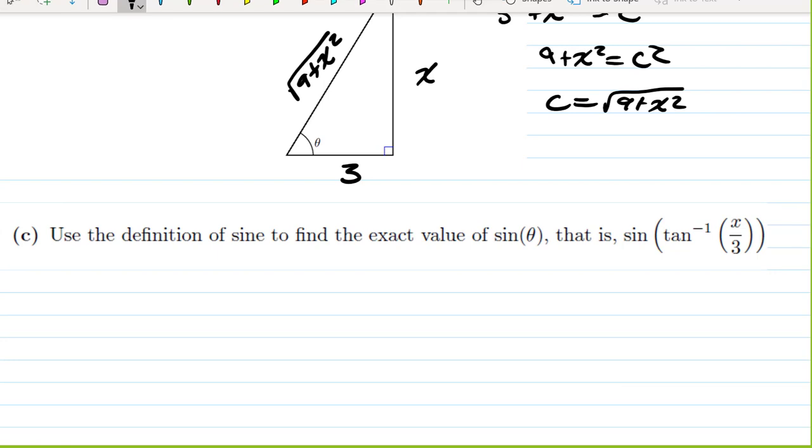So now sine, by definition, if this is our angle right here, is opposite over hypotenuse.